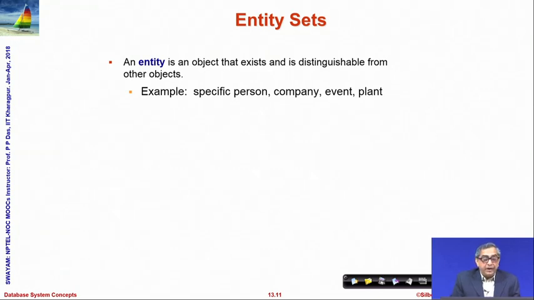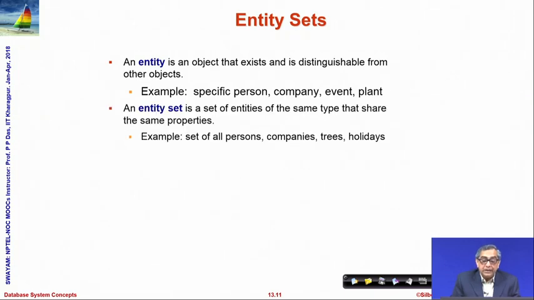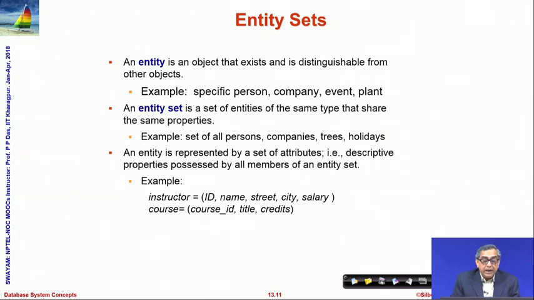So, as already defined, entity is an object that exists and is distinguishable from other objects. Entity set is a set of entities of the same type that share the same properties, and an entity is represented by the set of attributes or properties that describe it. So, when we say instructor, for example, these are my attributes, you have already learned this in terms of studying SQL.